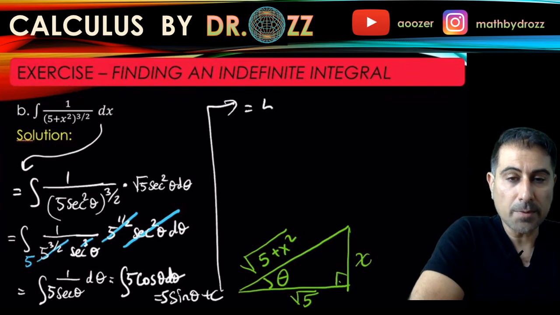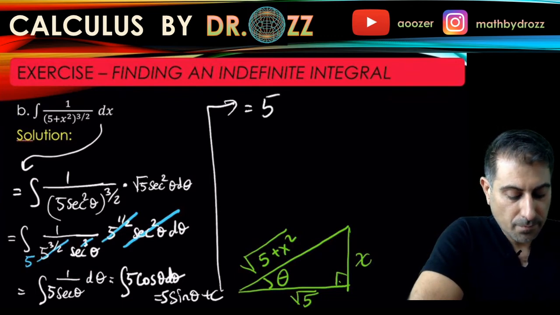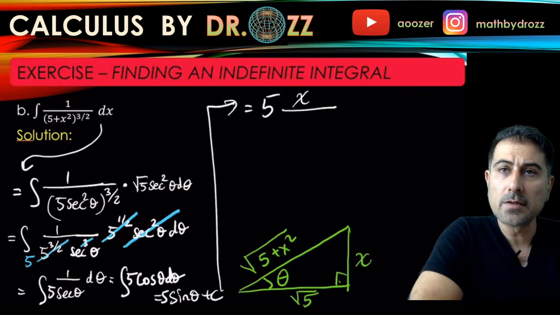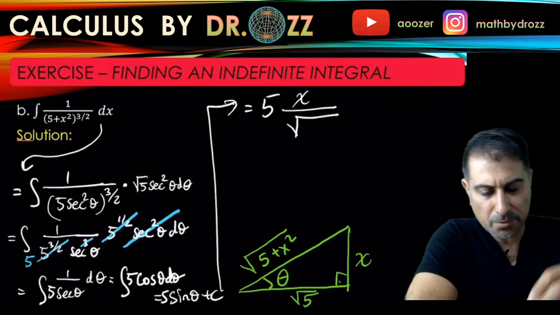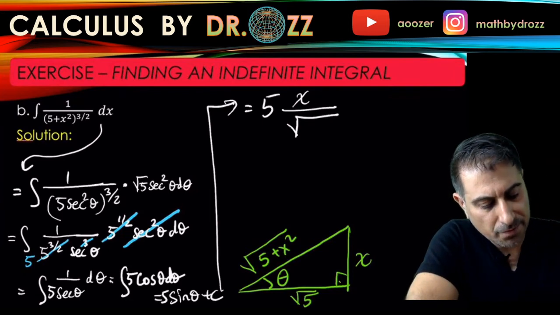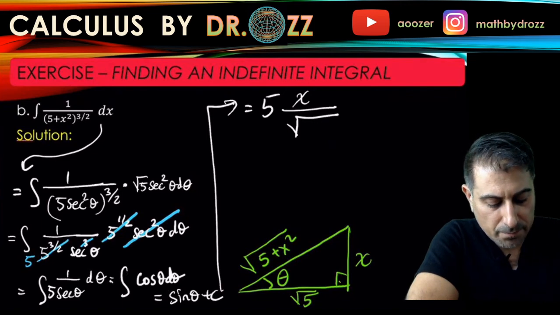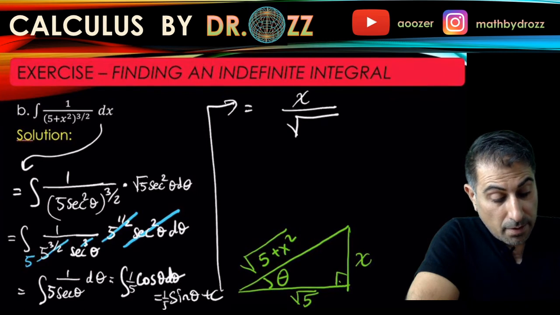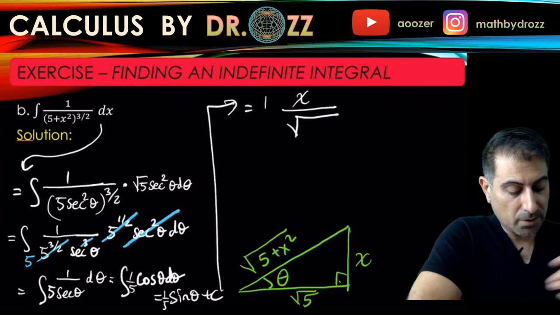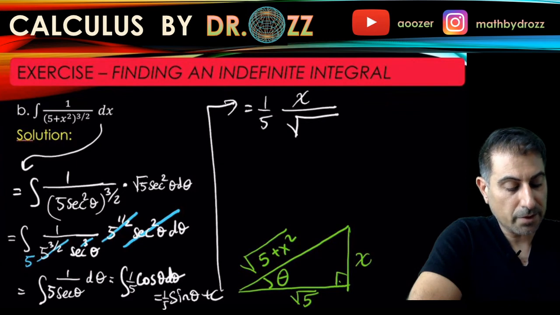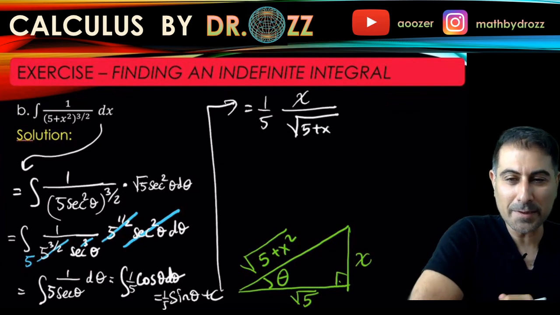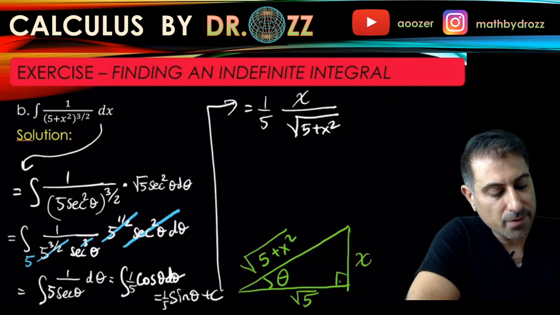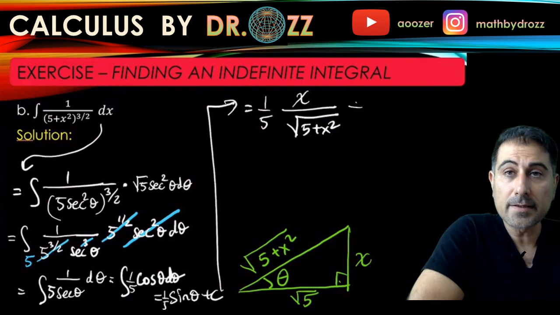Sine theta is opposite divided by hypotenuse, so x over the square root of 5 plus x squared, and there's a 1 over 5 because 5 is in the bottom. Sorry about the typos because of that constant. I should also add plus c. I think that is the end of it.